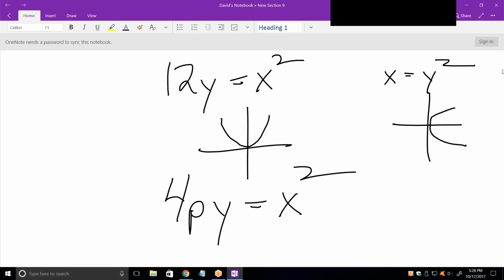Since it's an up and down parabola and the variable that's not being squared is y, the 4p goes in front of the y. So p still comes out being equal to 3, and the coordinates of the focus are 0, 3.